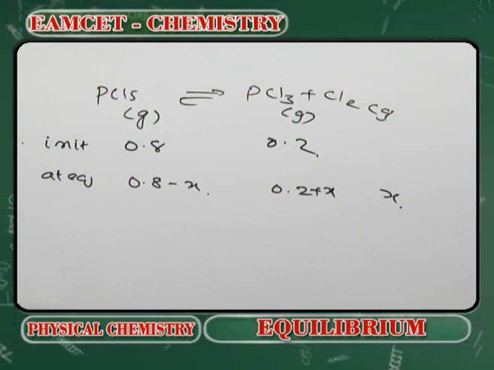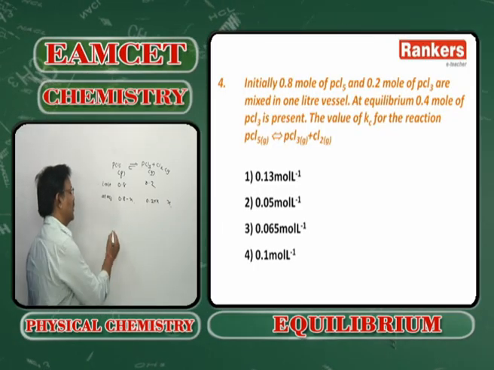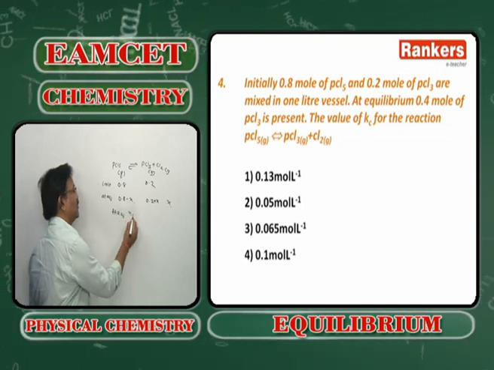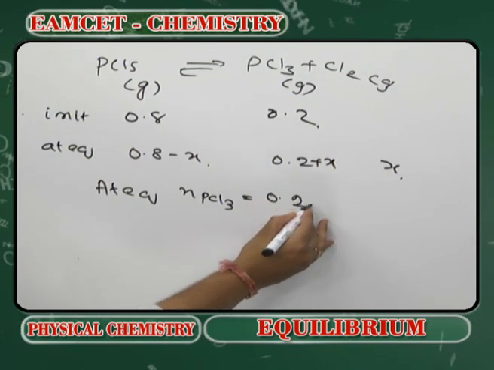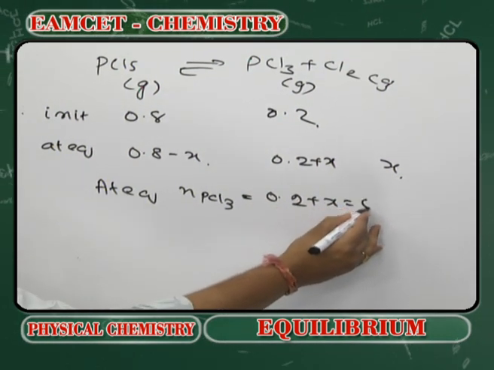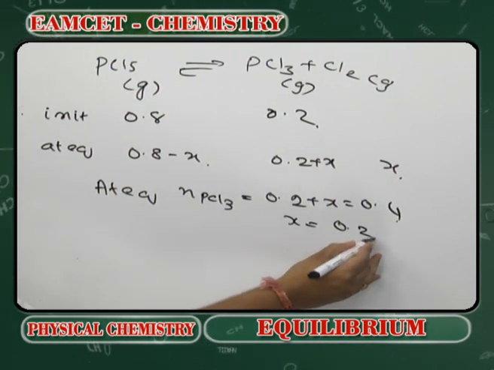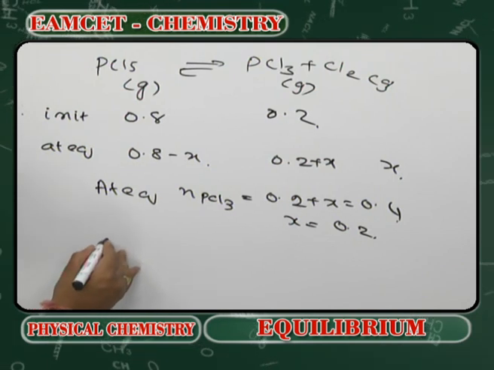Now what is given for us? At equilibrium, 0.4 moles of PCl3 is present. At equilibrium, number of moles of PCl3 is equal to 0.2 plus x, which is equal to 0.4, implies x is equal to 0.2. Now what is the Kc?